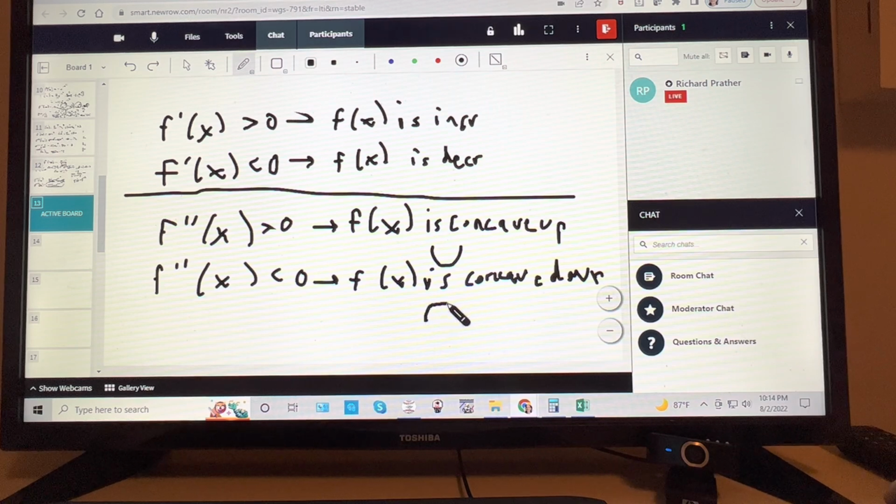Like this. And if you change from concave up to concave down or vice versa, instead of getting a local max or min, you get what's called an inflection point. So if you have a curve that goes like this, that's concave down, and then say right at this point right here is when it starts bending the other way. That's called an inflection point.